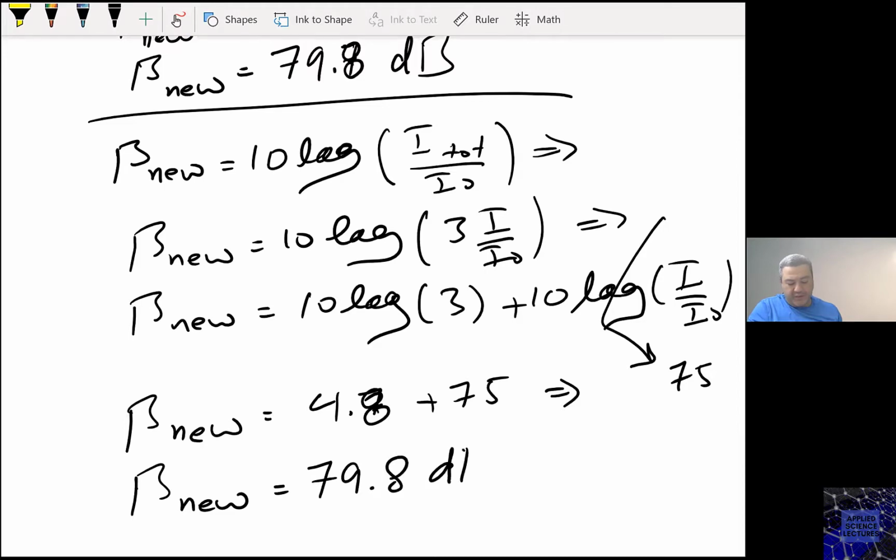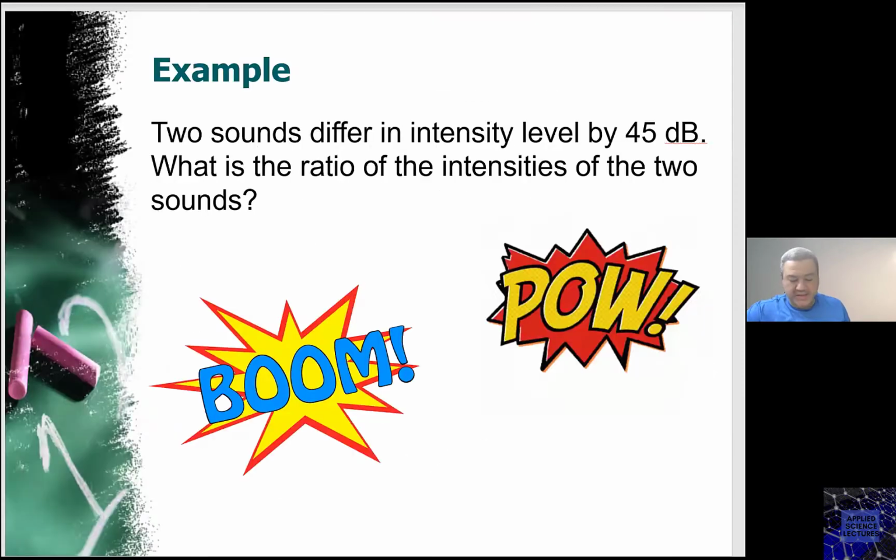The second example: two sounds differ in intensity level by 45 dB. What is the ratio of the intensities of the two sounds?